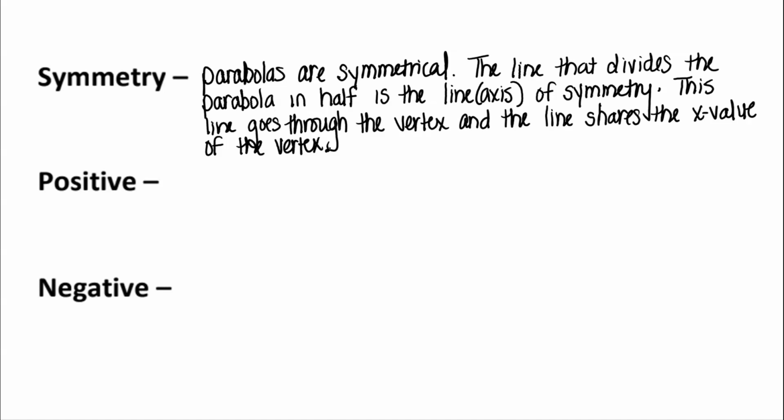Positive and negative are going to refer to the equation, which determines which way the graph opens. Positive means the equation has a positive x squared coefficient.